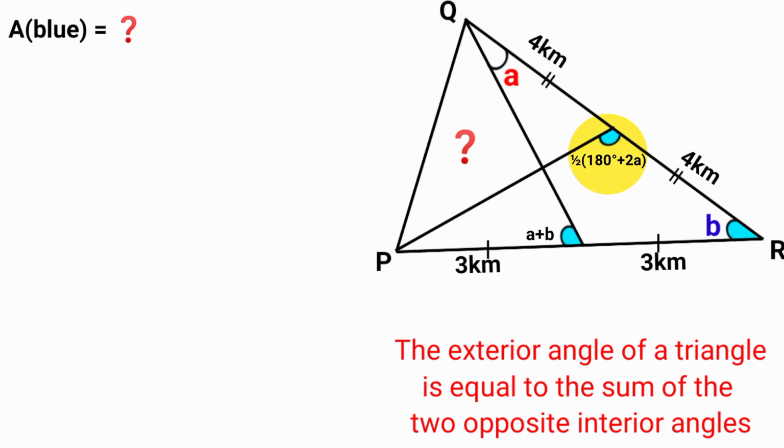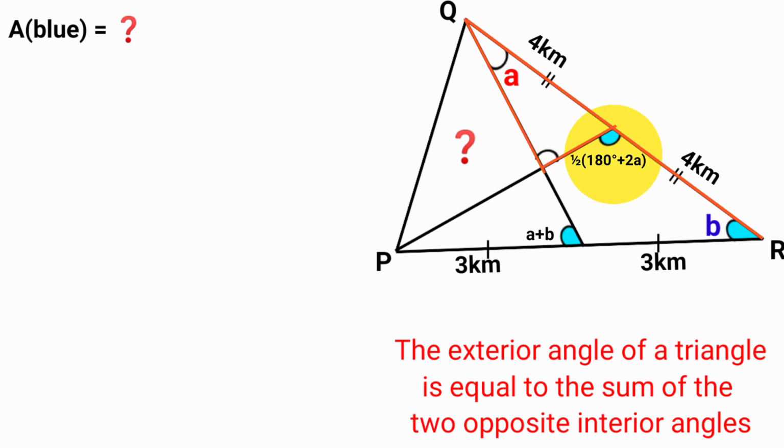Now if you look at this angle, it is also an exterior angle of this triangle. We just established that the exterior angle of a triangle is equal to the sum of the two opposite interior angles. That is, this angle is equal to the sum of this angle and this angle.